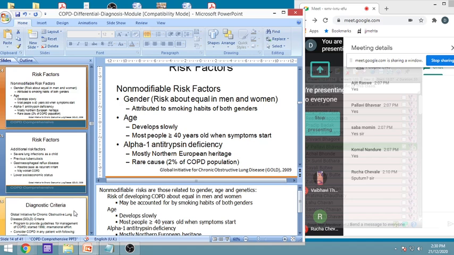Alpha-1 antitrypsin deficiency is also important. Northern European people have this hereditary problem. It is a rare cause, only 2% of the COPD population, who are genetically alpha-1 antitrypsin deficient.